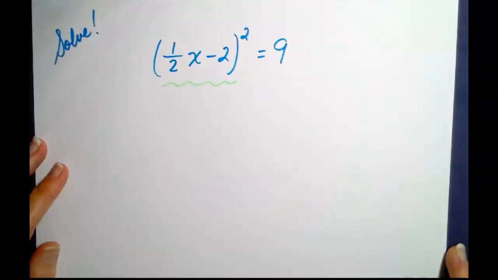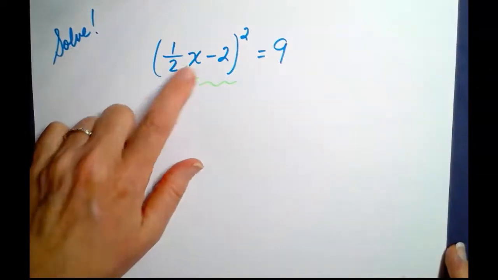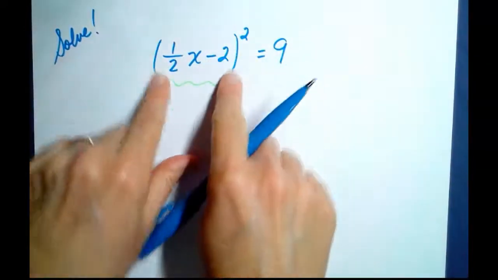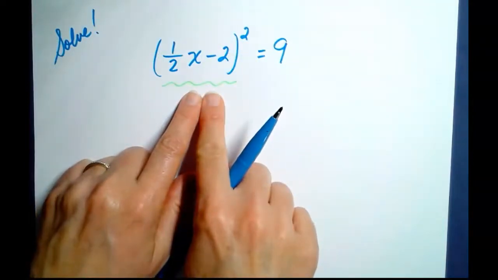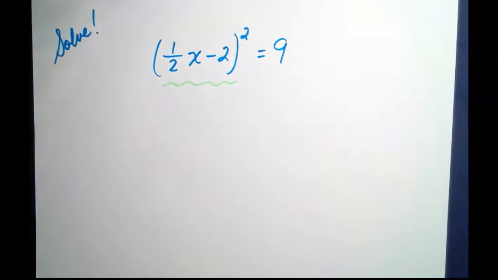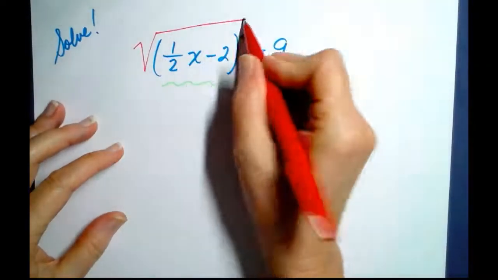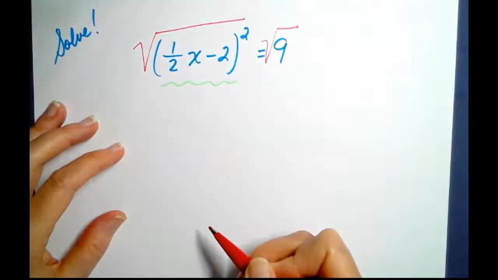Last example. 1/2 x minus 2, the quantity squared. Again, the squared term is already isolated. I'm showing you that with the green squiggly line. We're going to use the inverse operation of squaring, which is to take the square root.